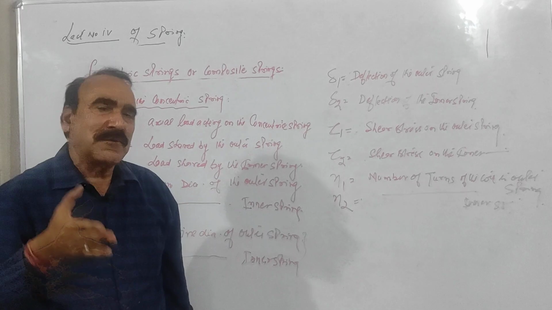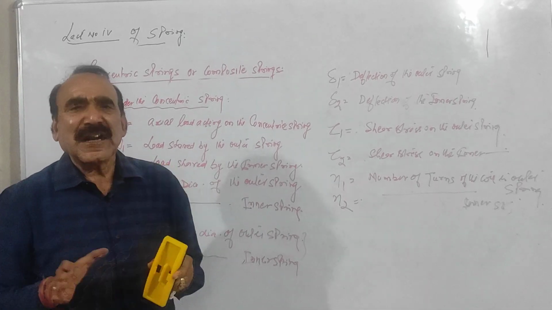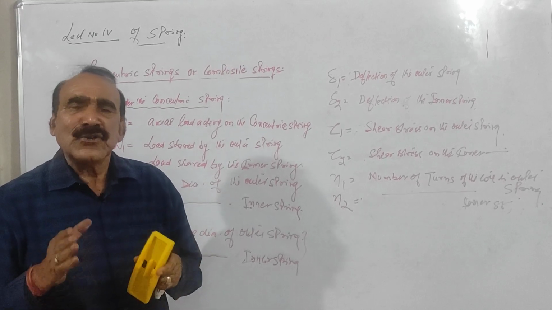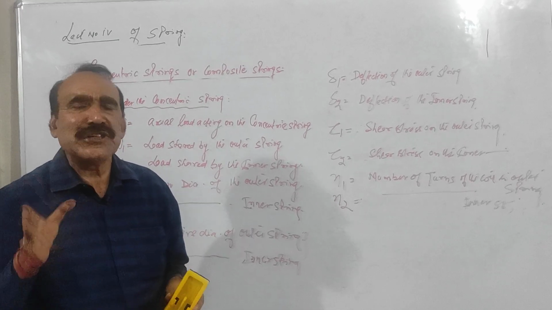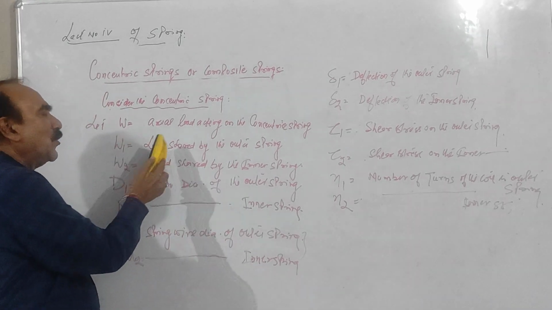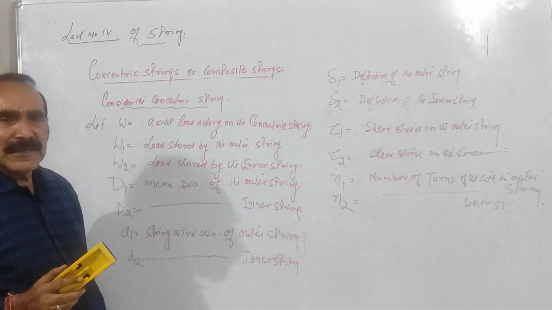So definitely जब W load उसका concentric spring के ऊपर act करेगा, there are two springs, the outer spring and the inner spring. So definitely that load is shared by the two springs. W1 is the load shared by the outer spring. W2 is the load shared by the inner spring.